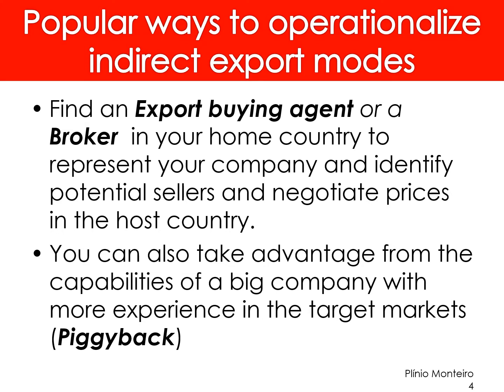The export buying agent will help you in many activities in the home country and also in the host country, and will usually help you in finding the best markets, the clients, the customers, and sometimes they can be part of the business. Basically, they can become your partner in a given contract.